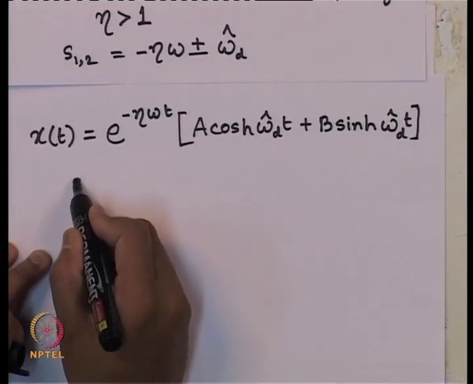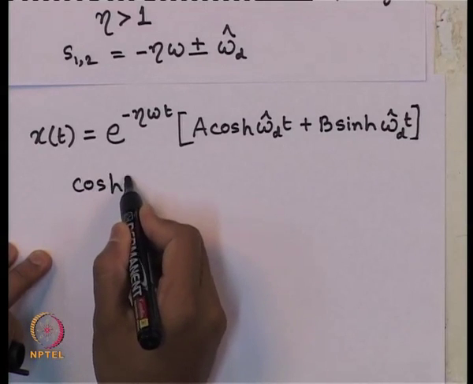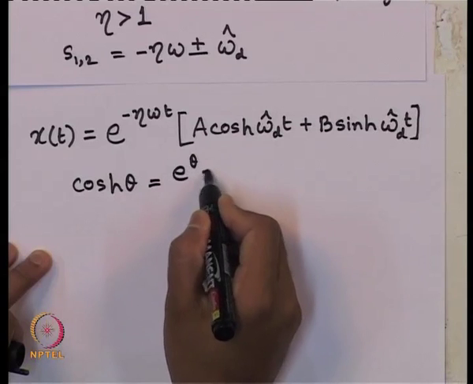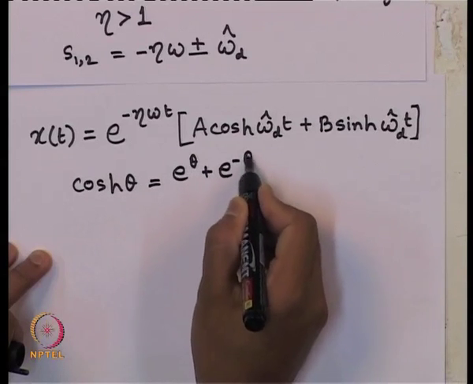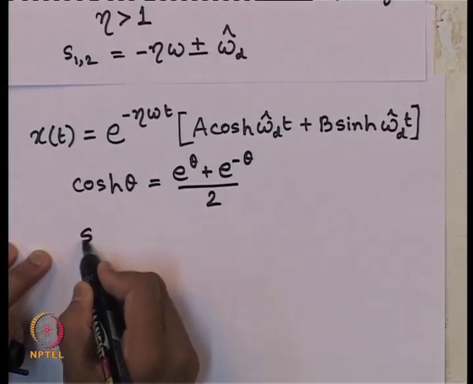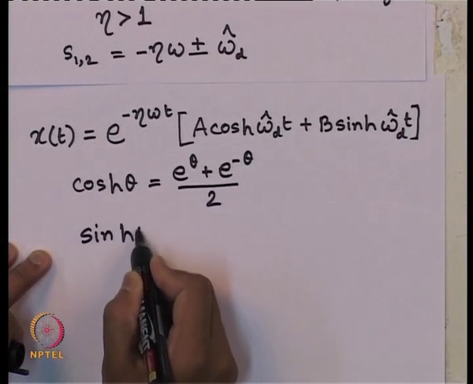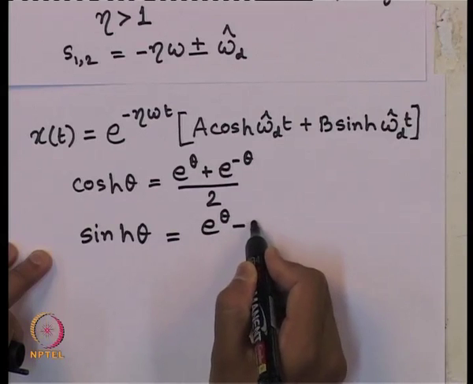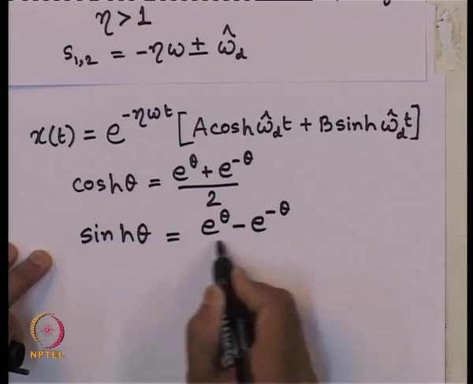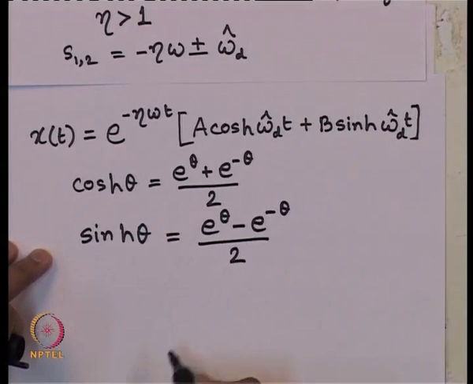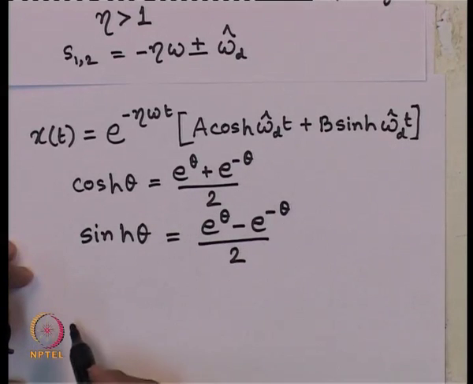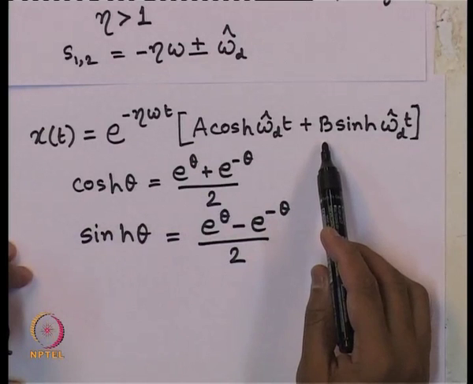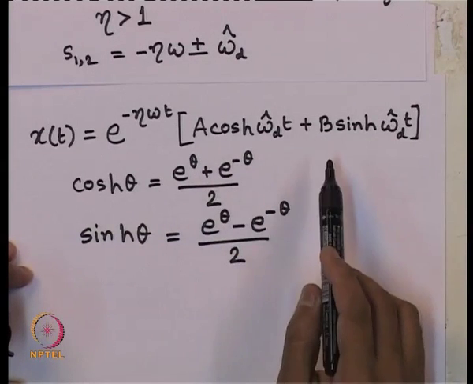We know, suppose cos hyperbolic theta is written as e to the power theta plus e to the power minus theta by 2, and sin hyperbolic theta is written as e to the power theta minus e to the power minus theta by 2. With this, using the initial conditions, we will get the 2 constants a and b.